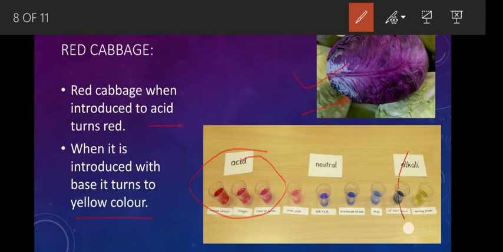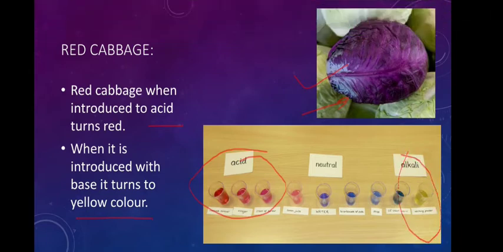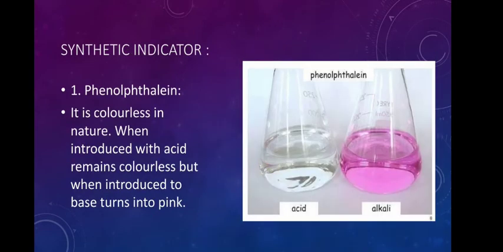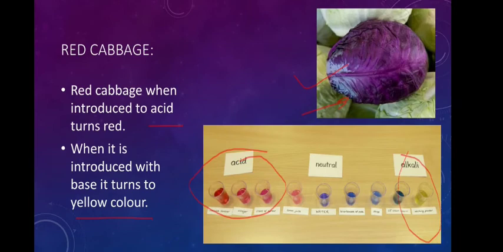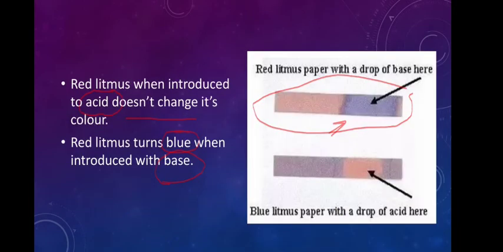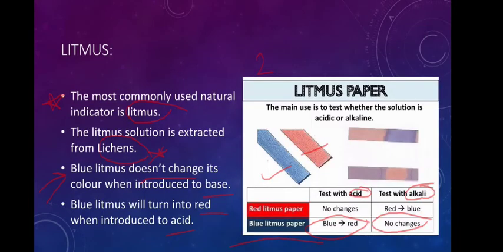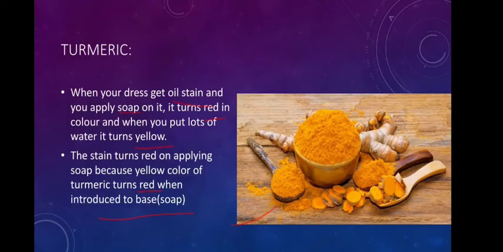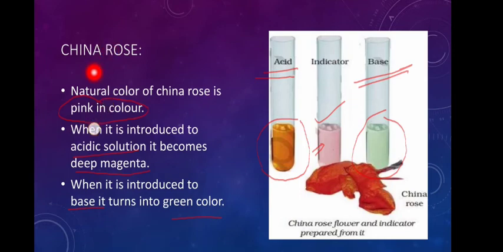Okay, all right. This was all about the natural indicators. In natural indicators, we have seen the first was litmus, then the second we talked about turmeric, then third China rose, right?